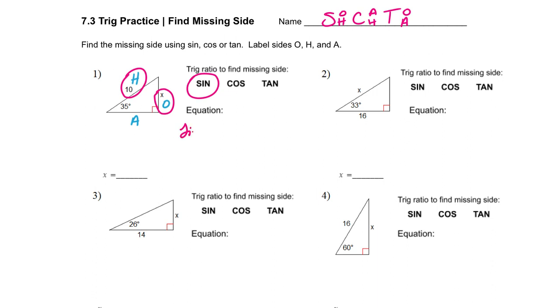So my equation, sine of my angle measure, which is 35, is equal to the opposite over the hypotenuse. Multiply 10 on both sides, and I get 10 times the sine of 35, and this is what I'm going to put into my calculator. Remember to make sure your calculator is in degrees, and when I plug that in, I should end up getting 5.74.